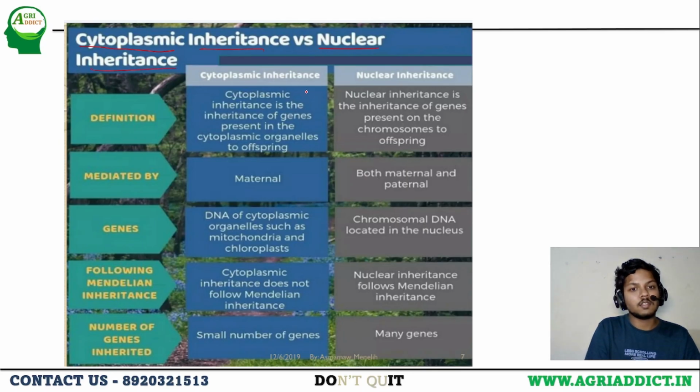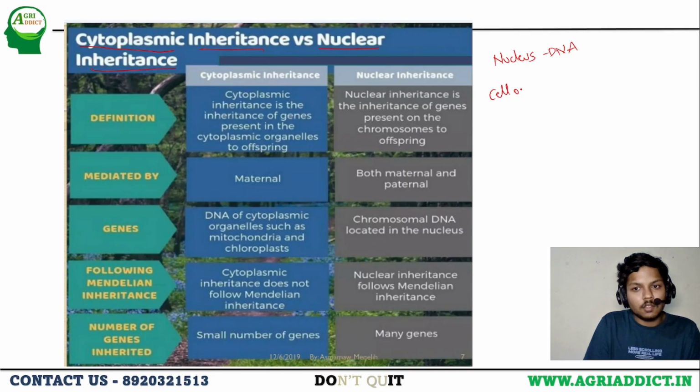The term cytoplasmic inheritance is derived because we all know that DNA is present in the nucleus, and we also know that other than the nucleus, some DNA is present in cell organelles like mitochondria and chloroplast.